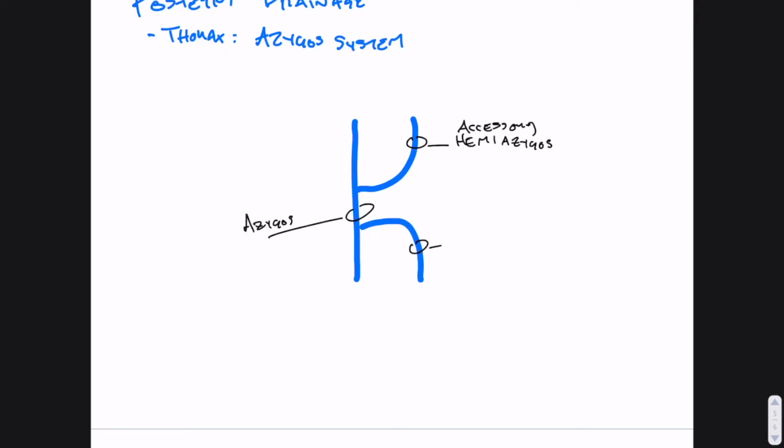And then we have this one over here, which is just the hemiazygos. So just remember, accessory is up higher. A is the first letter in the alphabet, so it's the higher. Or you accessorize around your neck, so it's going up towards the neck. Whatever helps you remember that. So there's our three major vessels of that azygos system.